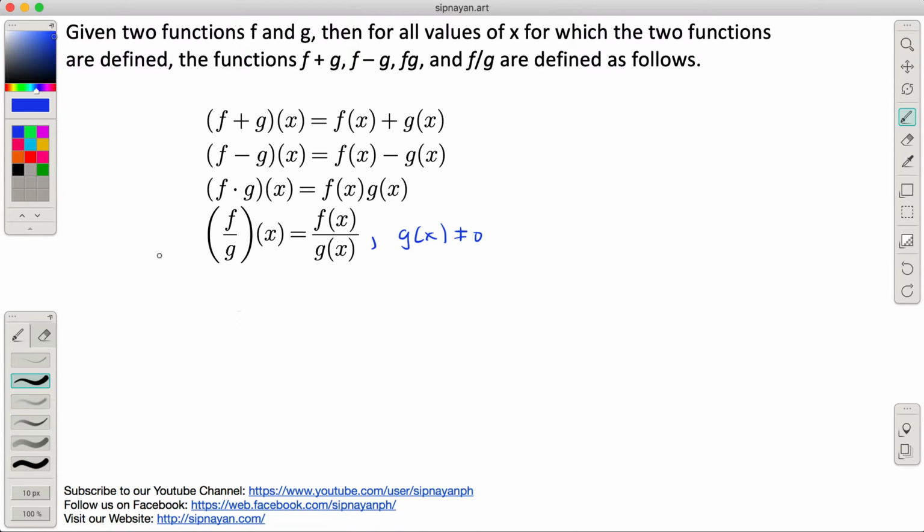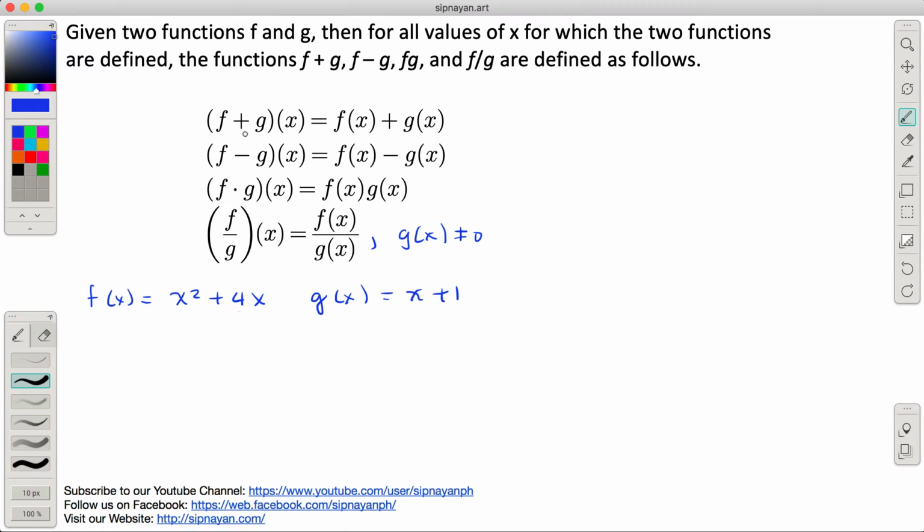So, let's have two functions, for example. Yung f of x natin, halimbawa ay x squared plus 4x. Tapos ang g of x natin ay x plus 1. Okay?